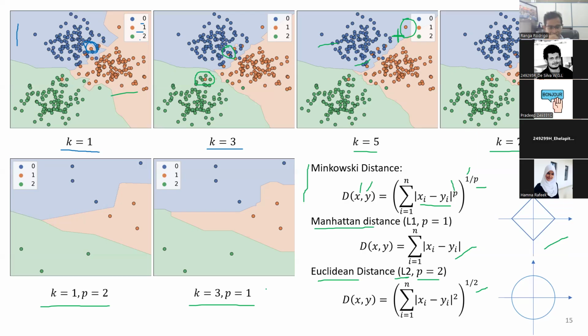I think I use k equals 3 here also. You can see when p is equal to 2, that means Euclidean distance, the boundaries can be slanting. But here boundaries are sort of vertical. This blocky nature is there when p is equal to 1. Okay, we'll move on.